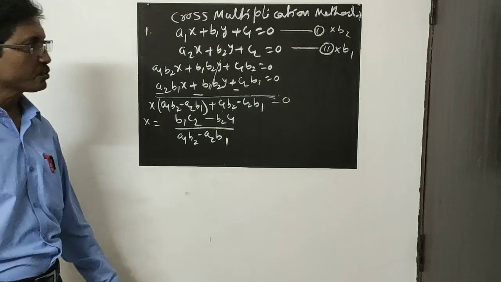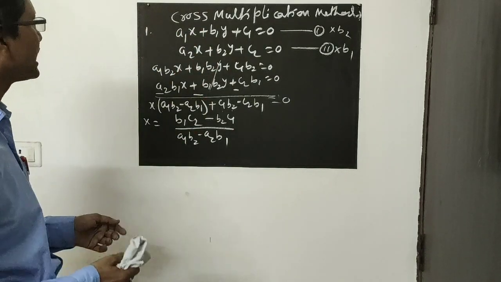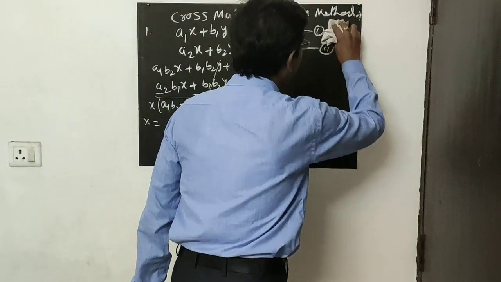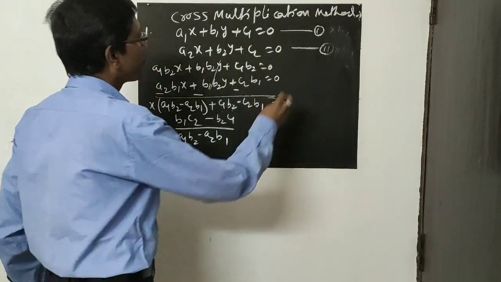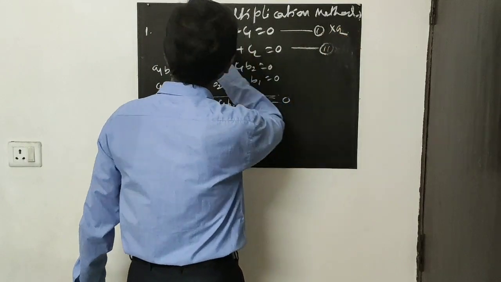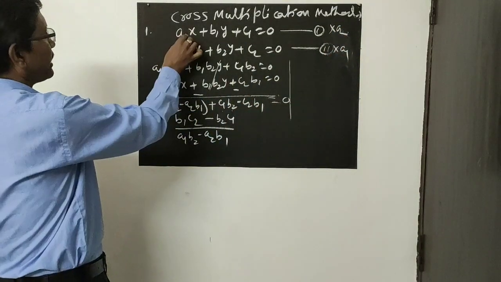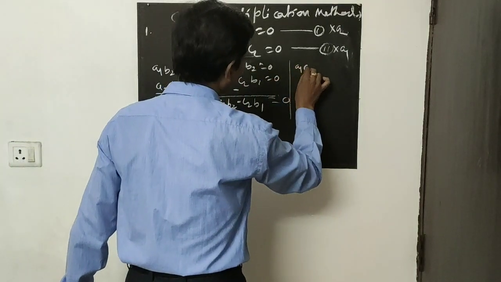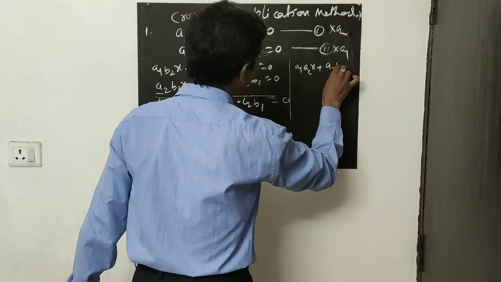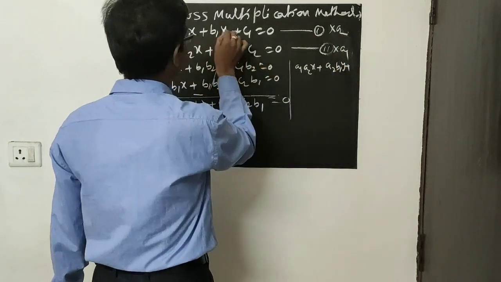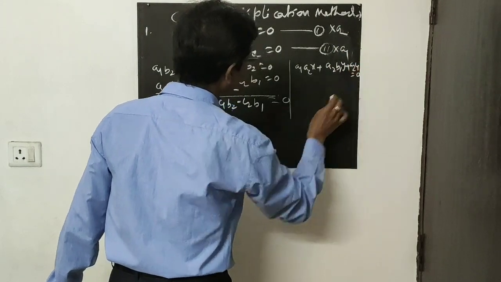Similarly, if you want to get y, eliminate x. We multiply the first by a2 and the second by a1. So again you will get a1 a2 x plus a2 b1 y plus a2 c1 equal to 0.